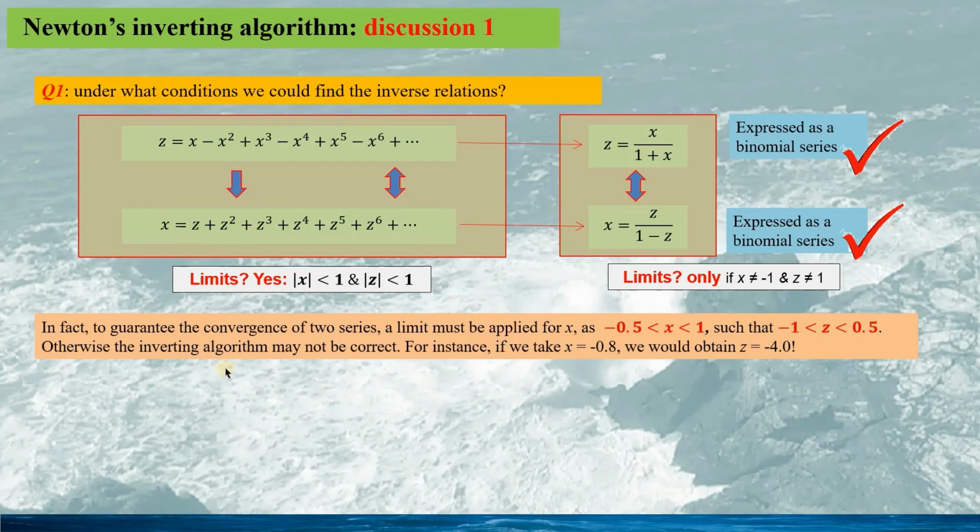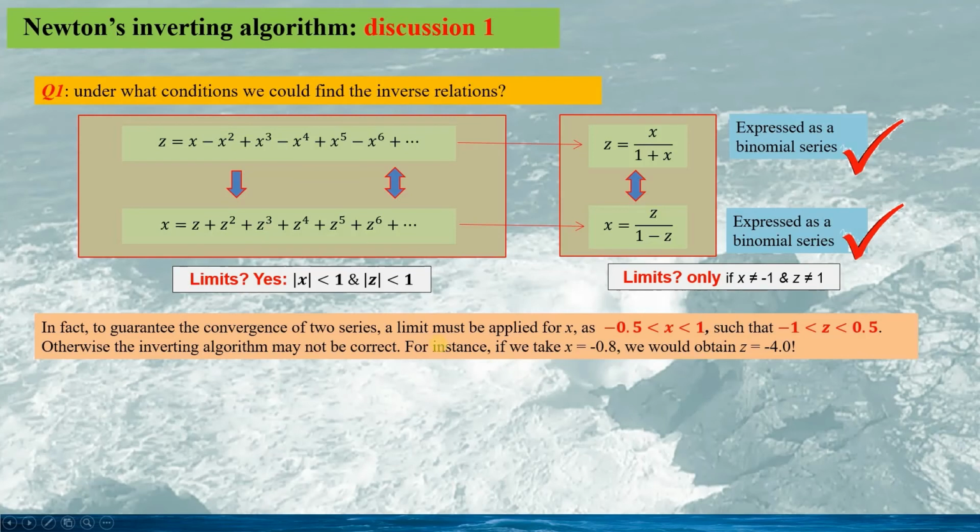However, if we want to guarantee the convergence of these two series, a limit must be applied for x as from -0.5 to 1 rather than -1 to 1, such that we can guarantee that z would be within the limit. It would be from -1 to 0.5. Otherwise, the inverting algorithm might not be correct.